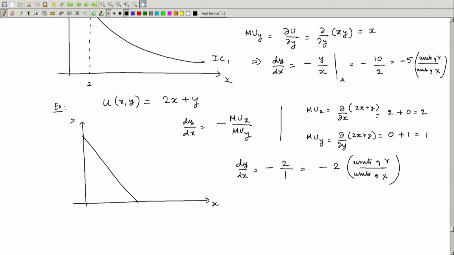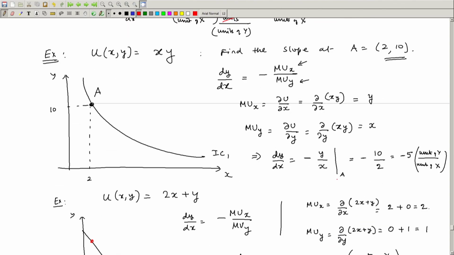So, once you give me a utility function, I can use the definition dy/dx equals minus MUx by MUy and simply compute the derivative at various points along that indifference curve. Because the indifference curve is a downward sloping line, the slope everywhere is constant. So, irrespective of whether I am trying to compute the slope here or at any other point, in this particular example the slope is going to be minus 2.